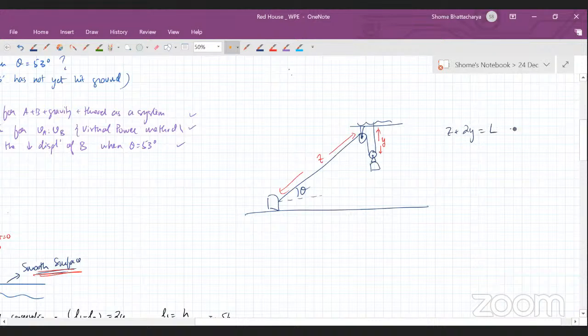That is the total thread length which is constant. So dz by dt plus 2 times dy by dt should be 0.